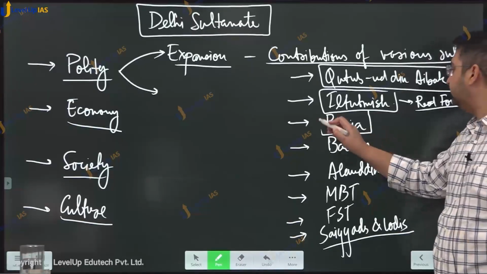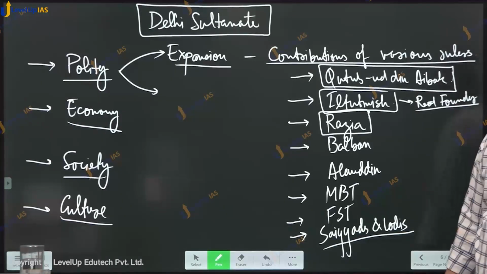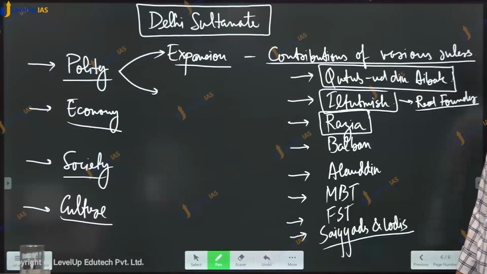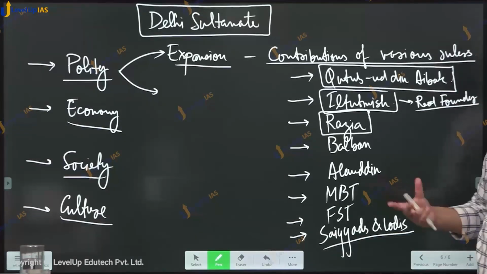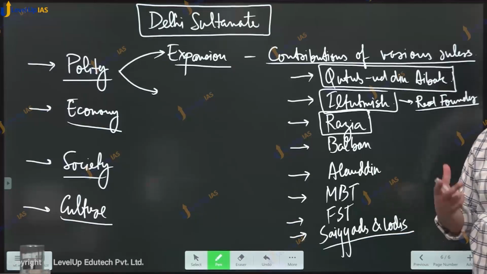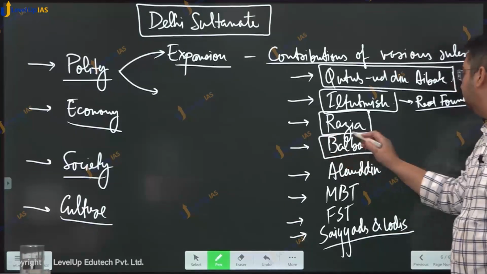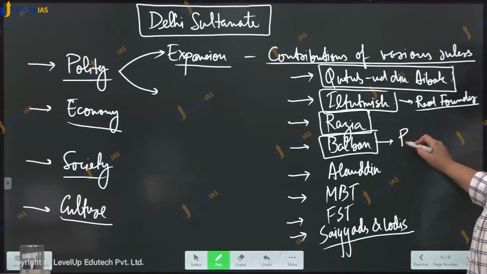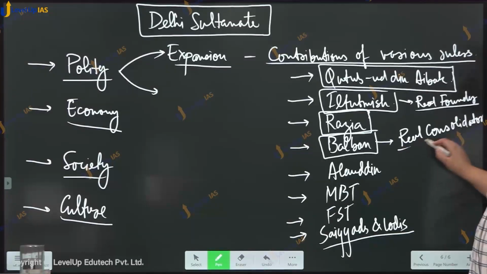Razia Sultan's period was a very interesting one, since it was a new experiment in the entirety of Islamic rule across the world. For the first time, a woman had the reins of power, and we need to understand what were the challenges she had to face and what were the factors for her downfall. Balban is known as the real consolidator of the Sultanate.